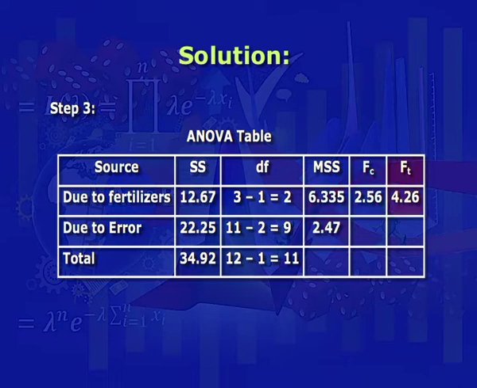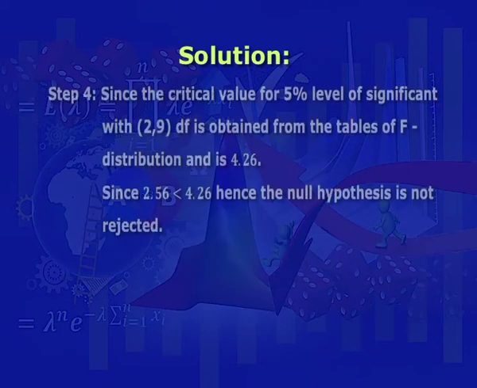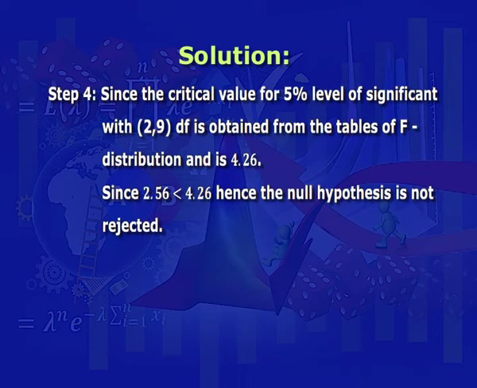And from the table of F distribution with 2 and 9 degrees of freedom at 5% level, we get the tabulated value 4.26. So in step 4, we describe the decision.